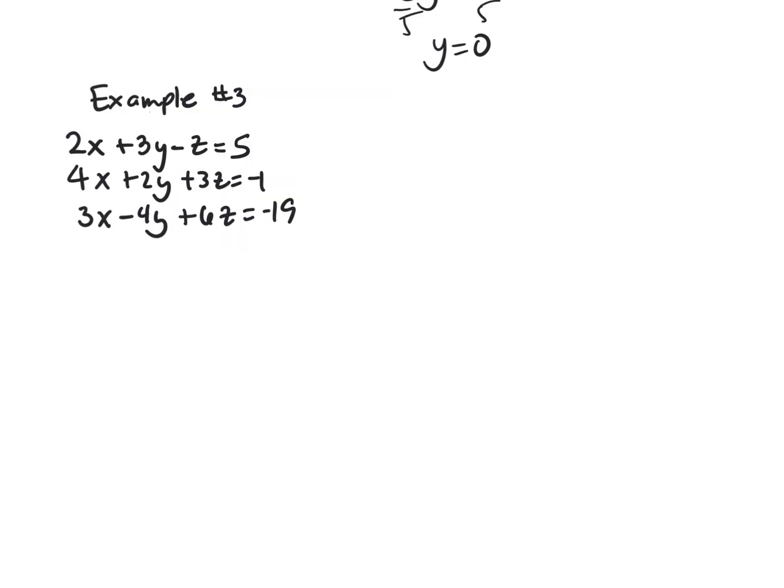All right, we're on example 3. So the first thing we need to do is pick 2 equations. Again, I'm going to number my equations so that I know which one I want. Here's 1, 2, 3. These are my 3 equations. I'm going to pick 2 and eliminate a variable.